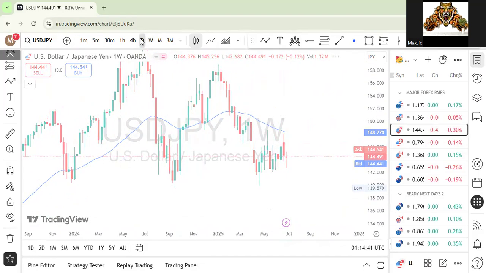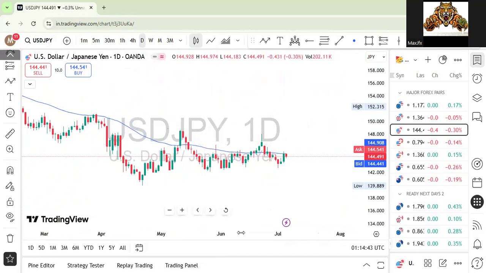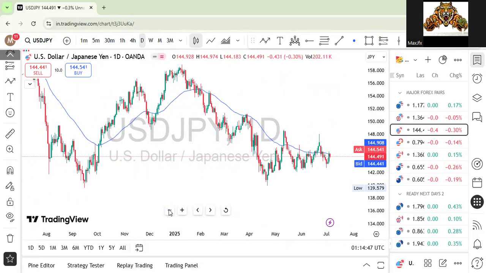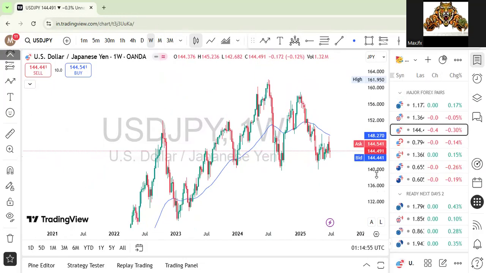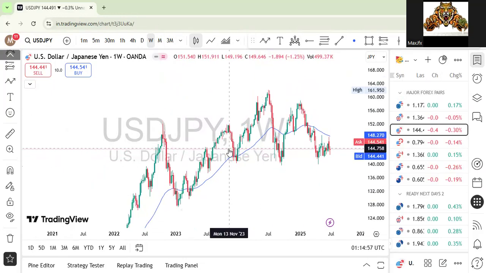There's the JPY. So we want a very strong zone below price, which you can buy from, with at least 3 touches.